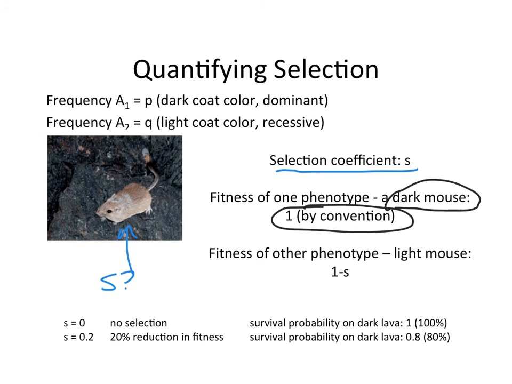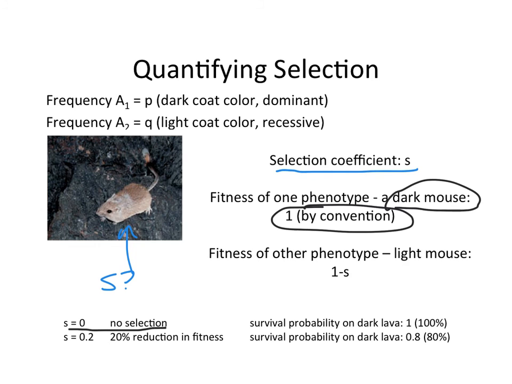And if we have an S value of 0, that means that there's no selection acting on that gene. So S can range between 0 and 1. A selection coefficient value of 0 means it doesn't matter what allele you have. What does it mean if you have an S of 1? It's 100% reduction in fitness.